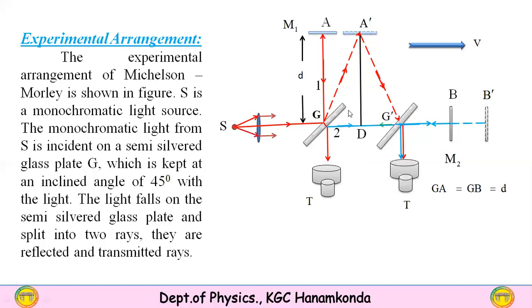These two plane mirrors are kept at the same distance from glass plate G, one horizontally and another vertically, one at A and another at B. The glass plate is kept at 45 degrees to the direction of the rays coming from the source. One ray is the reflected ray, that is ray 1. One ray is the transmitted ray, that is ray 2.